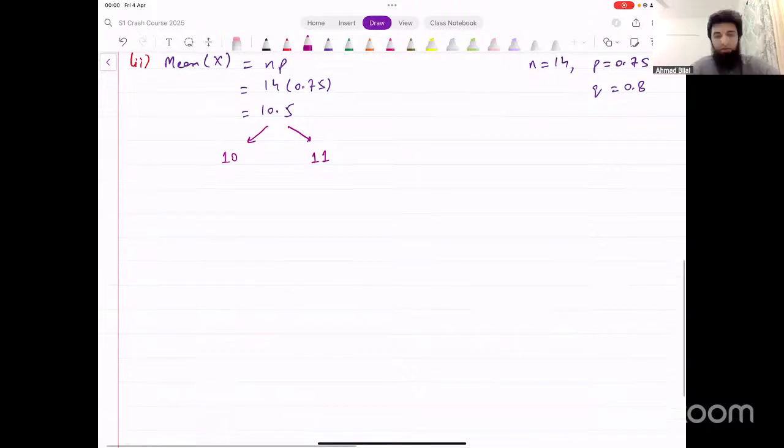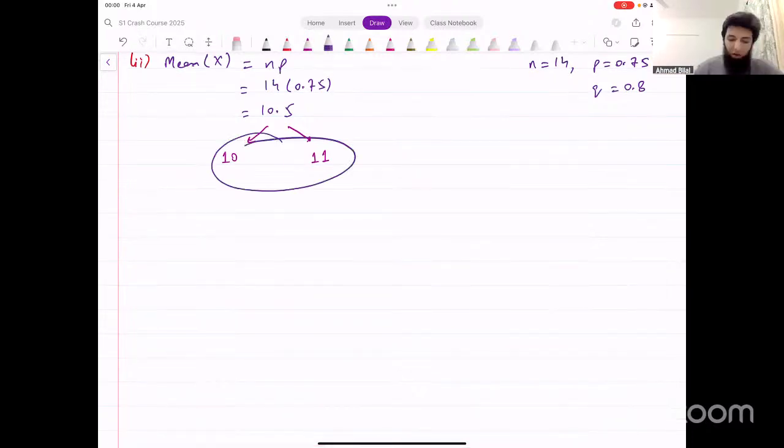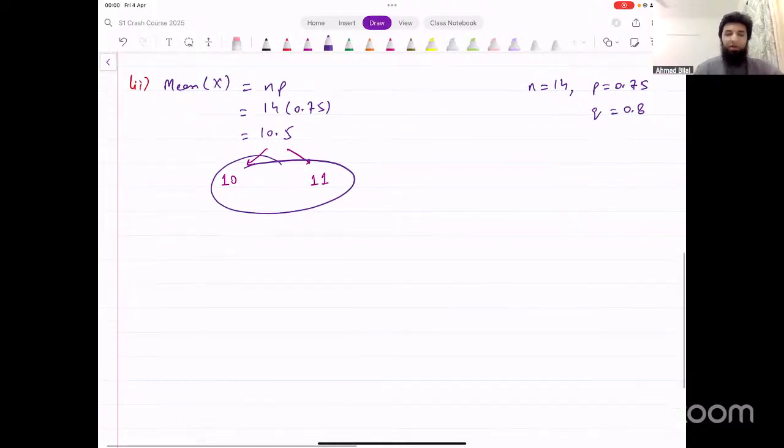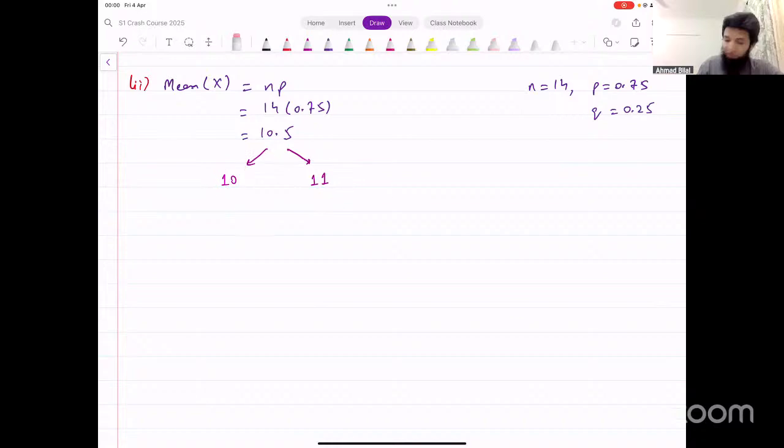So one of these is going to have the highest probability. So what we do now is find the probabilities for these two outcomes: probability when X is equal to 10 and probability when X is equal to 11. Whichever of these is bigger, we say this number has the highest probability.